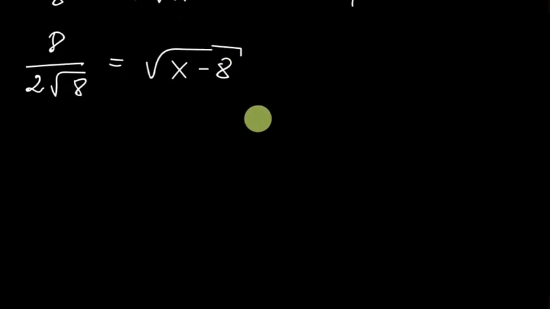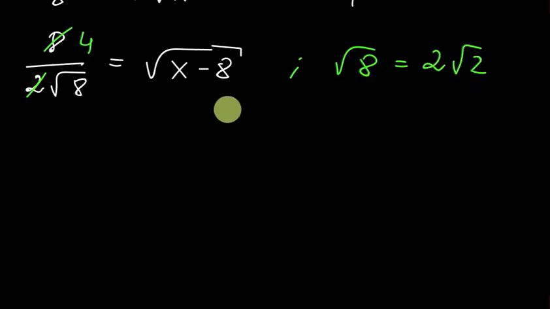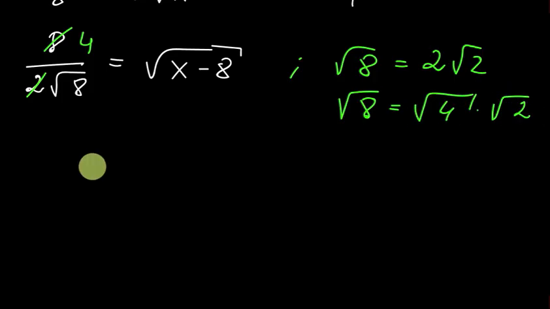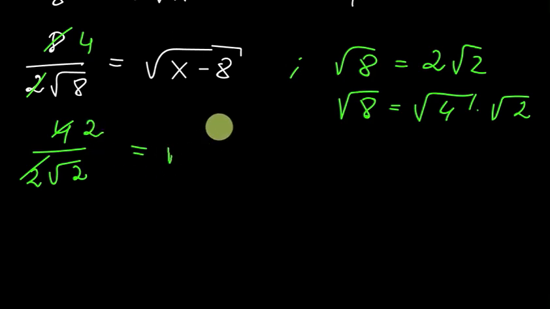Now this in fact will give us 4 over the square root of 8, and the square root of 8 is actually 2 square roots of 2, because the square root of 8 is basically the square root of 4 times the square root of 2. So this will give us something like that, and we will rewrite this side.